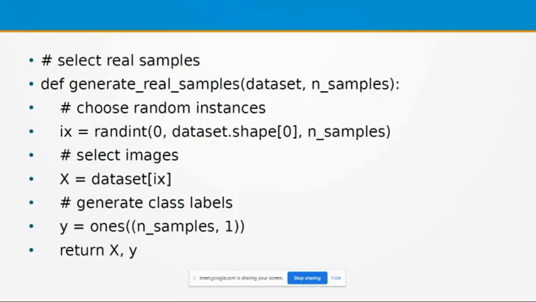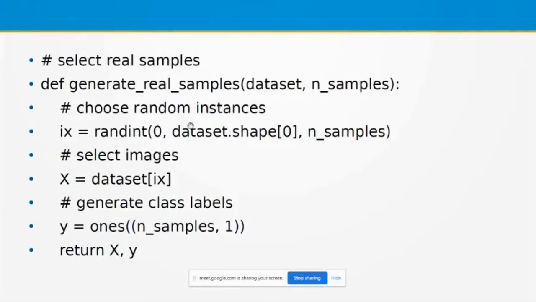First of all, we have to generate a batch of real images. For that we use a user-defined function, def generate_real_samples(dataset, n_samples). Dataset is the original dataset, and n_samples is the number of samples we select from that original dataset to create real samples.